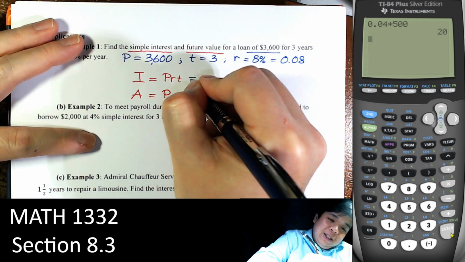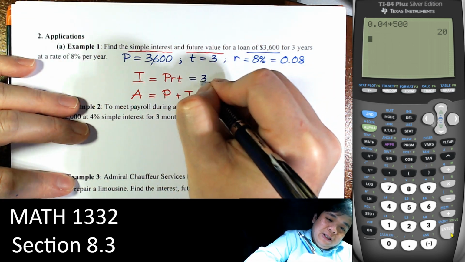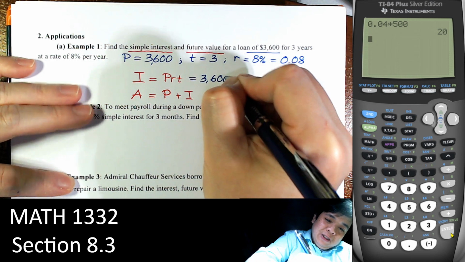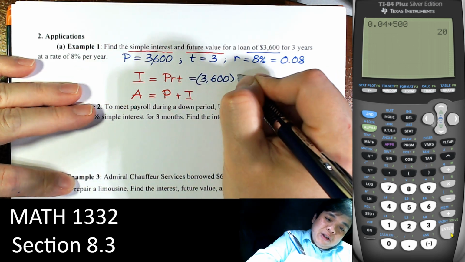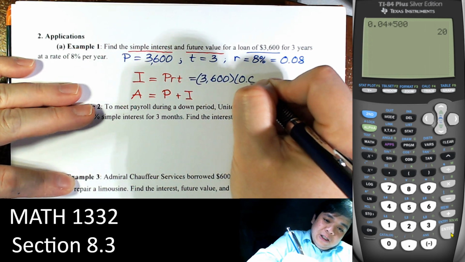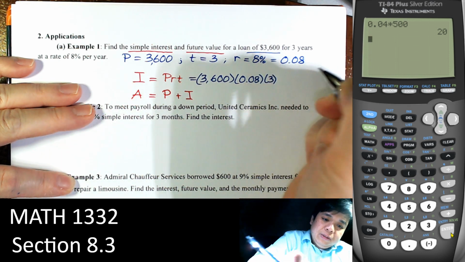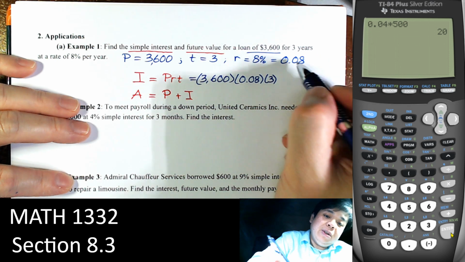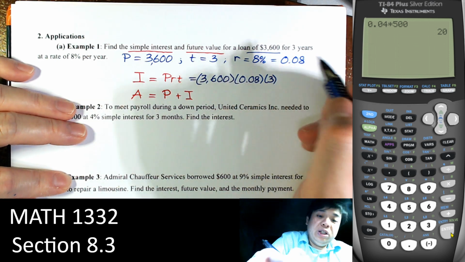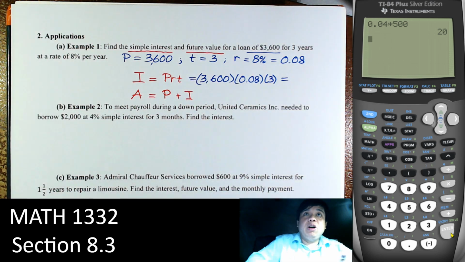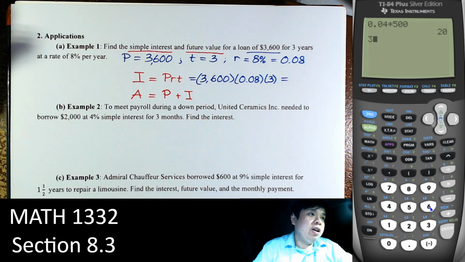So the principal times the rate times 3 years. The interest rate is for 1 year, so for 3 years we multiply all of that together: 3600 times 0.08 times 3.